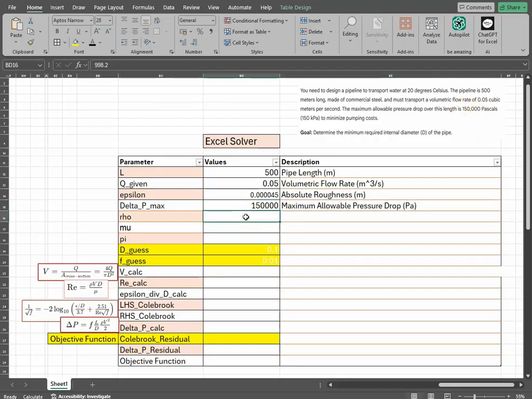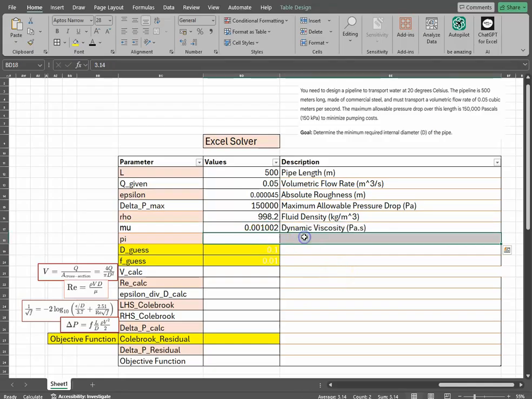Then rho for water at 20 degrees Celsius, we have to assume that, so I'm taking 998.2 as the fluid density. Viscosity I am taking as 0.001002, the dynamic viscosity.